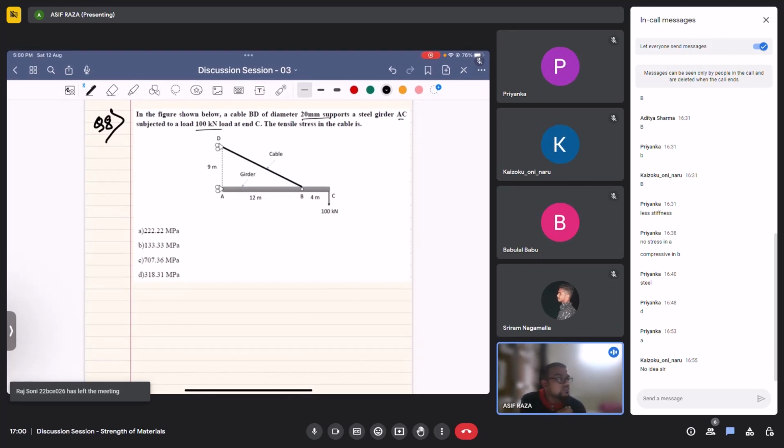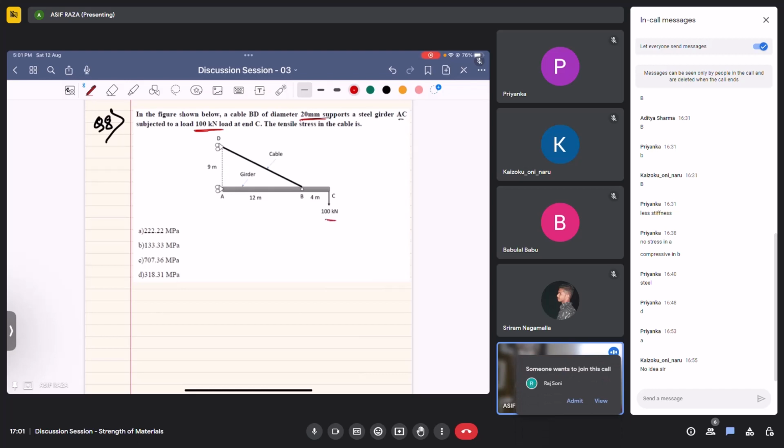I'll give you time for this. What would be the tensile stress in the system when you are given the diameter of the cable, and a 100 kilonewton load is applied at the end C?